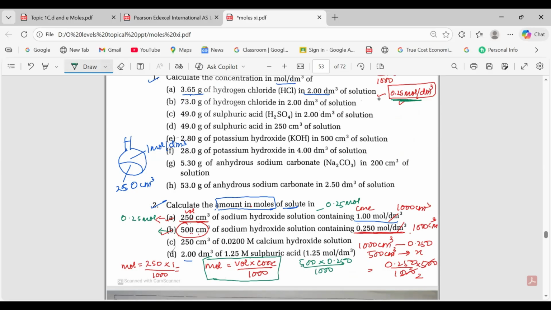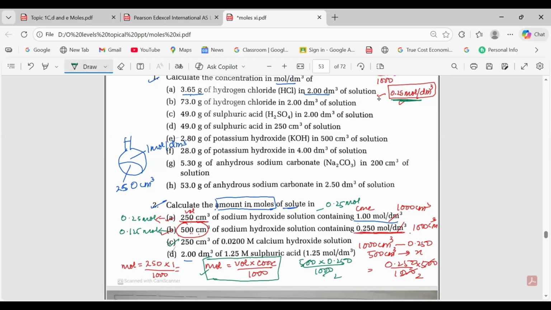Simplify it. It will be half of 0.25, that will be 0.125 moles. Agreed? So if you don't understand this, you can simply put it in the formula and do it. Okay? Fine? Try out the C part also.